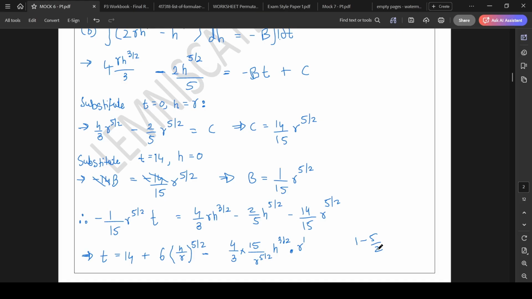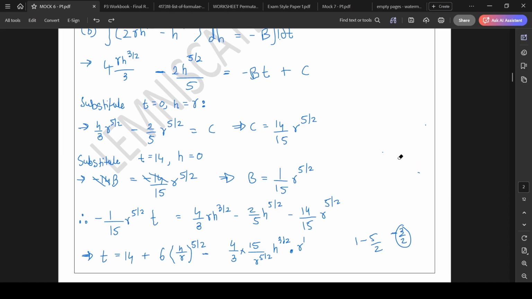It will become 2 minus 5, which is minus 3 by 2. So r will be staying in the denominator with 3 by 2 as the power. Why in the denominator? Because the power is negative. Okay, you are having r to the power of 1 minus 5 by 2, which is coming as r to the power of minus 3 by 2, which is same as writing 1 by r to the power of 3 by 2. So I hope this is making some kind of a sense to you.